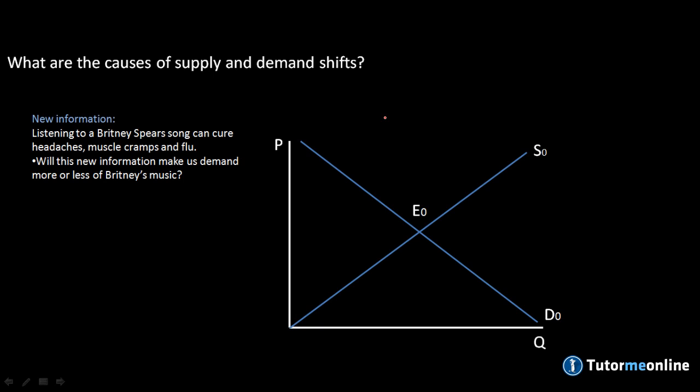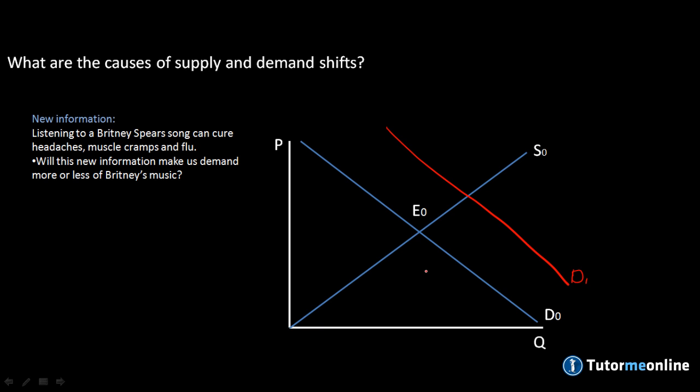So let's look at some other examples. The first being that of new information. So let's say, for instance, listening to a Britney Spears song can cure our headaches, muscle cramps, and flus. Now, will this information make us demand more or less of Britney's music? Well, unfortunately, if Britney's music can cure our illnesses, we need to demand more of it, which means that our demand curve will shift to the right.